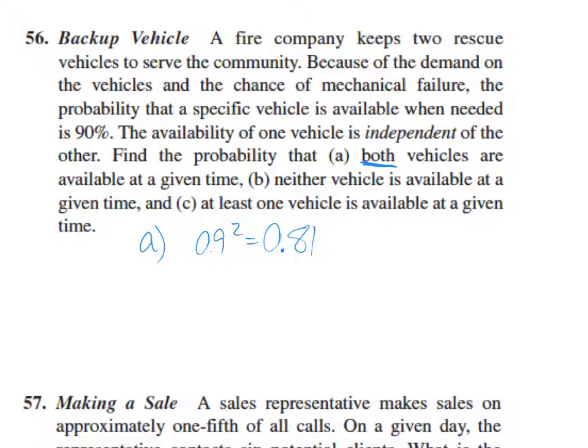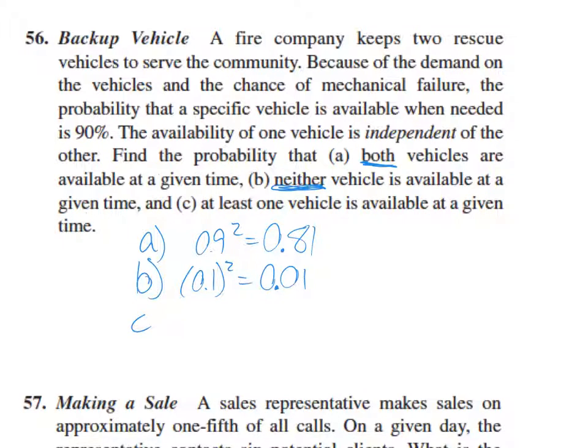All right. Who wants to tell us how to do part B? Ben? So for B, you would just do the probability of 1 not being able to do it, which would be 0.10 squared. Good. All right. So here we have a neither. So that's 0.1 squared, so 0.01. All right.